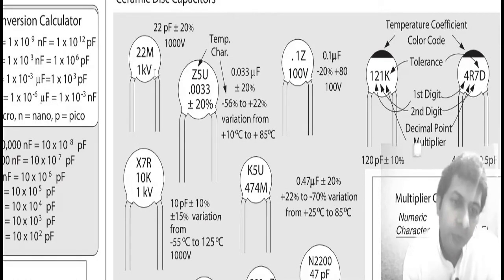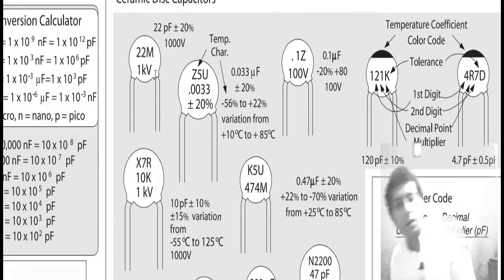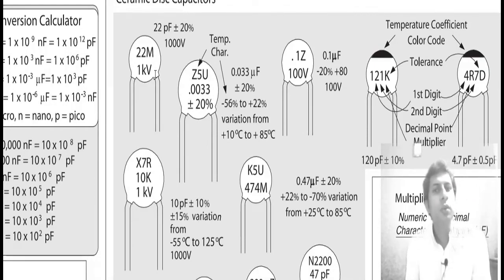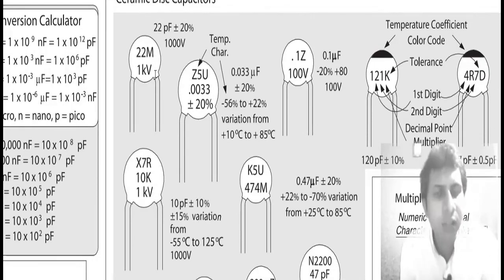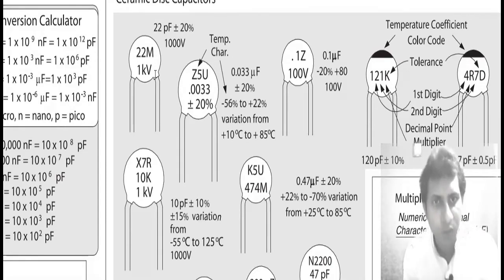This 1 kV means that we can use this ceramic capacitor under a voltage in the range of 1000 volts.